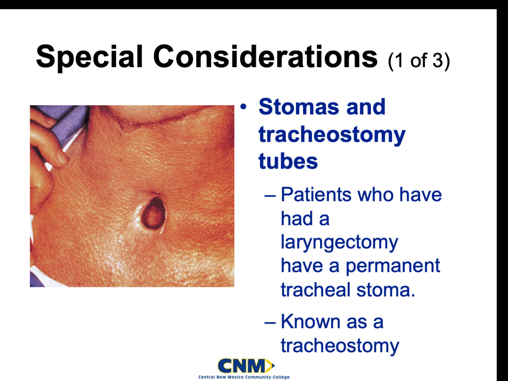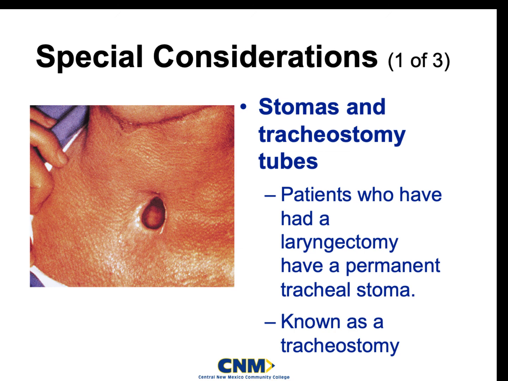Guys, this is where they are breathing out of, okay? So if your patient's complaining of shortness of breath and they have a tracheotomy and you put them on a non-rebreather over their mouth and nose, you are not accomplishing anything, okay?